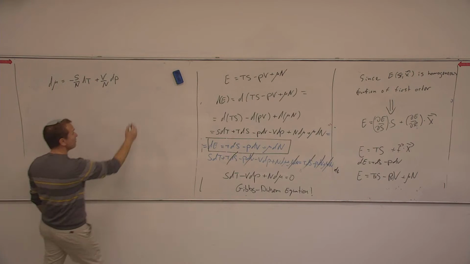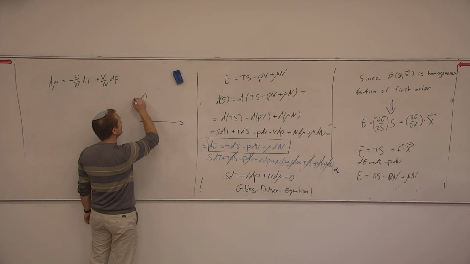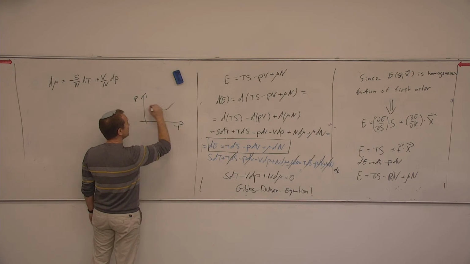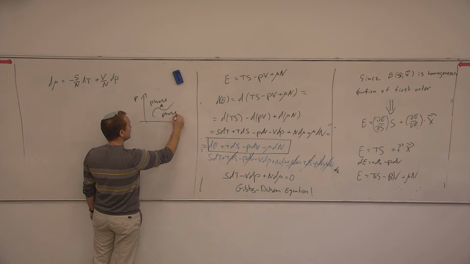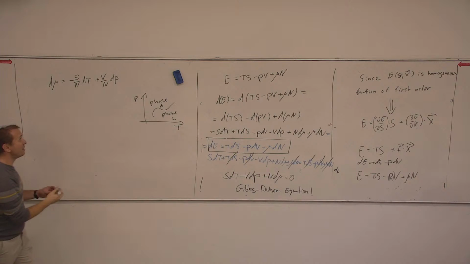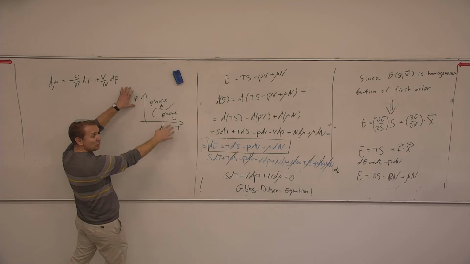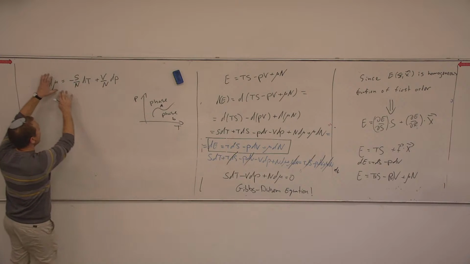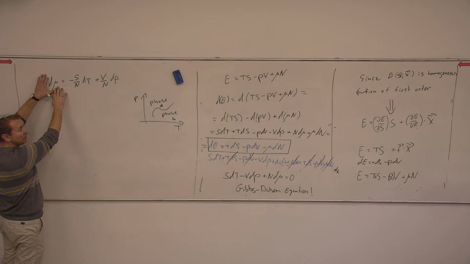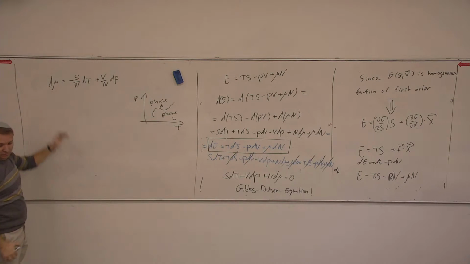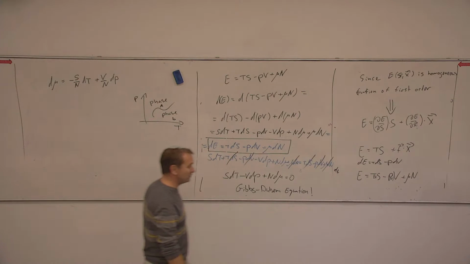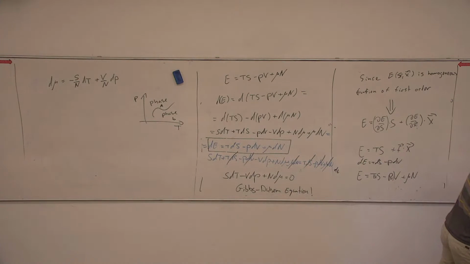So remember the phase diagram, P and T, and phase A and phase B. Something that connects P and T together by means of the chemical potential is this Gibbs-Duhem equation.